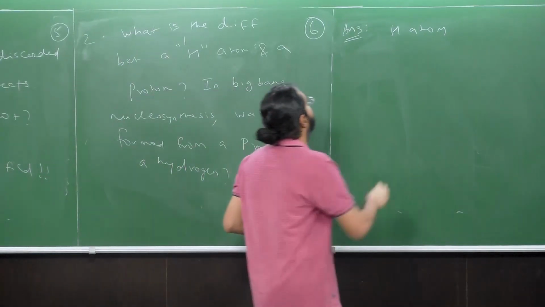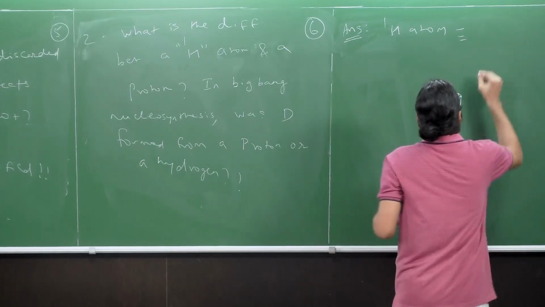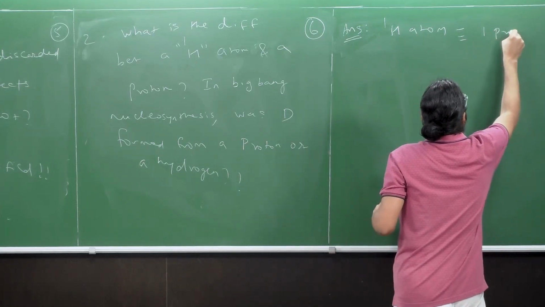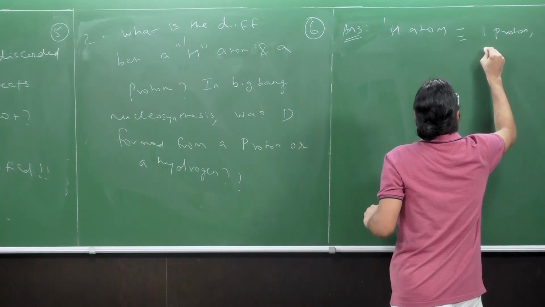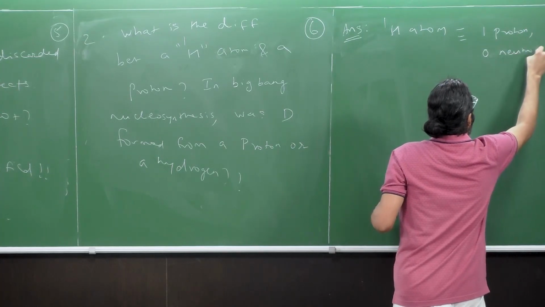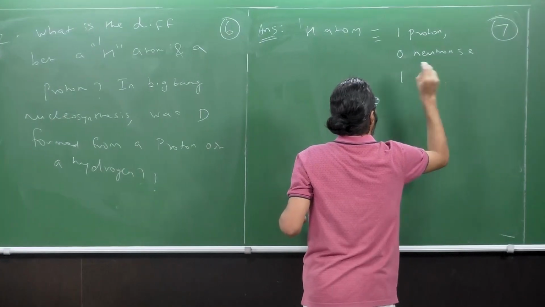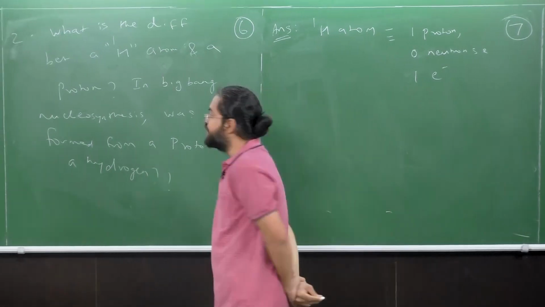What does it contain? 1 proton, 0 neutrons and 1 electron. Okay, this is the 1H atom.